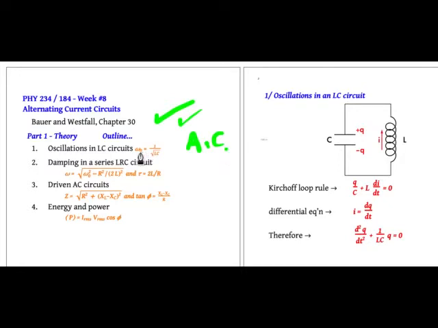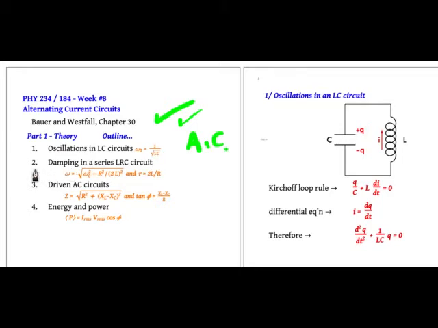The frequency of the oscillations is 1 over the square root of L times C. Or really, that's the angular frequency. The period is 2 pi divided by omega 0. Omega 0 is 1 over the square root of LC.